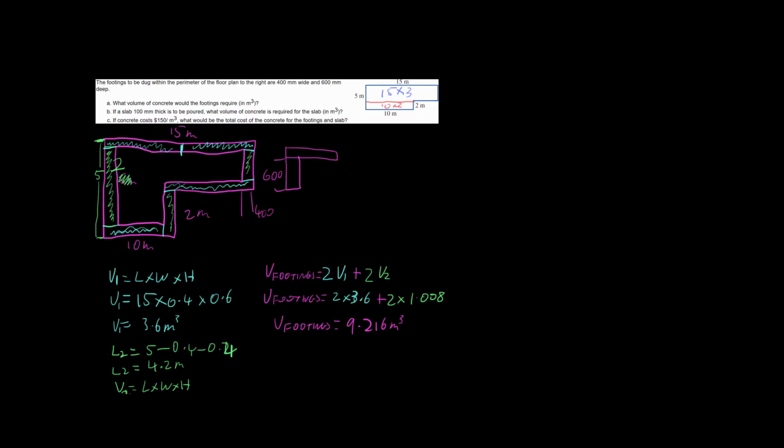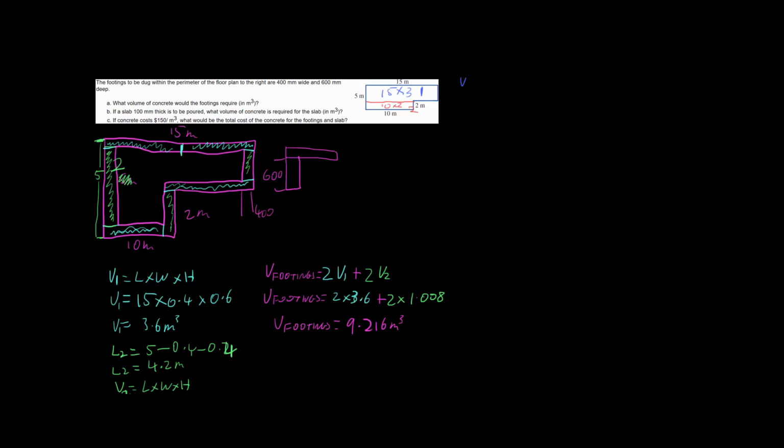The reason it's 3 is this 5 meter length is from top to bottom, but it's 2 meters up from the bottom is where we're starting, so it's 15 by 3. So I'm going to call this 1, and I'm going to call the 10 by 2 area section 2.